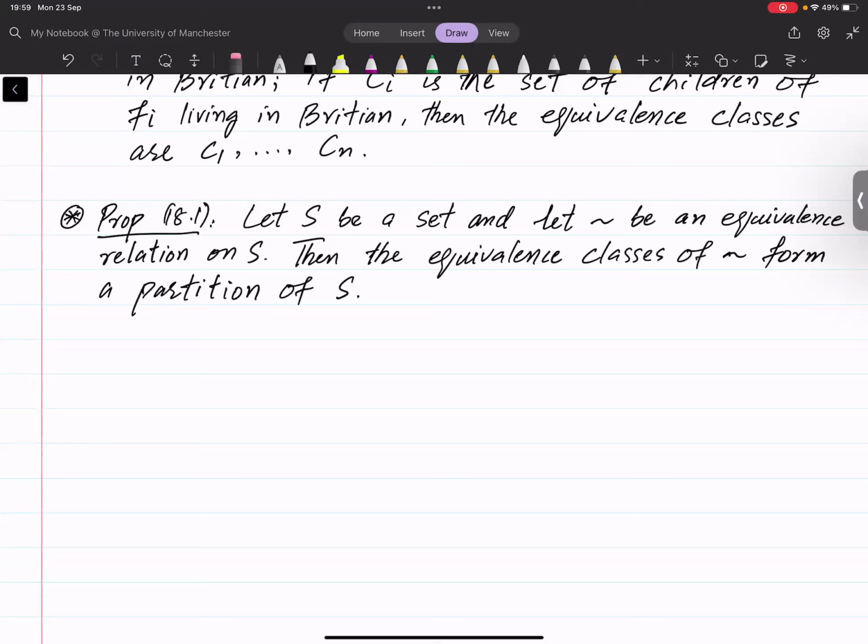Okay, so for a set, a partition contains subsets of that set, and if you take the union of all those subsets, that will be the set S itself. So by following that concept, we have to prove that the equivalence classes are subsets of the set S, and that if you take the union of them, you will get the set S again. Okay, so let's prove it.